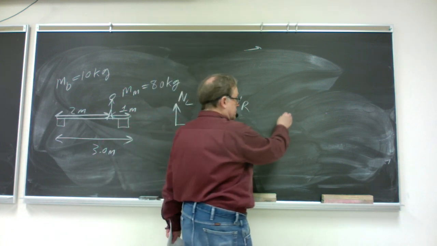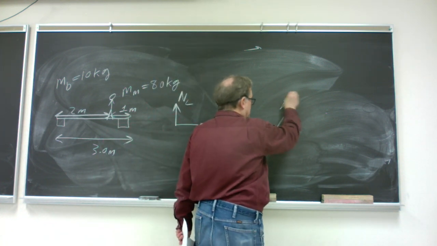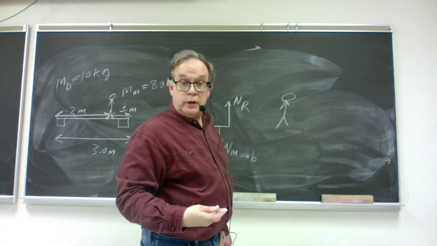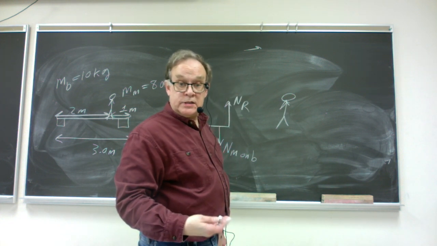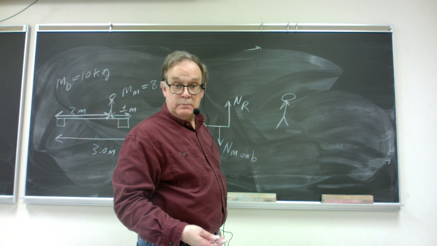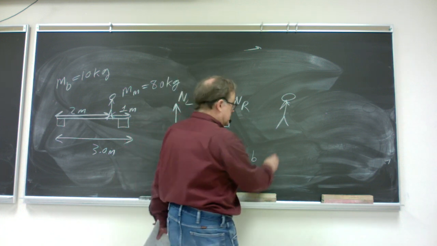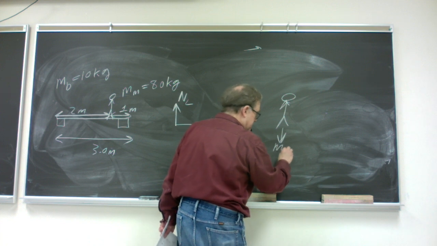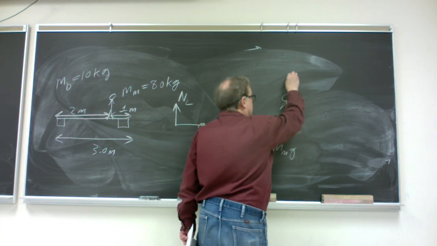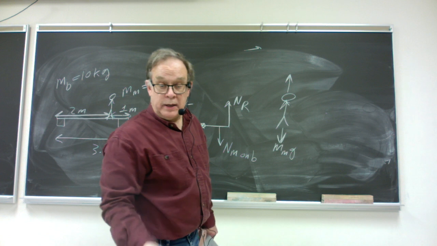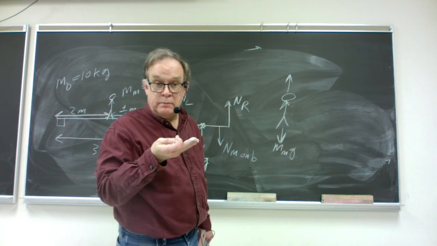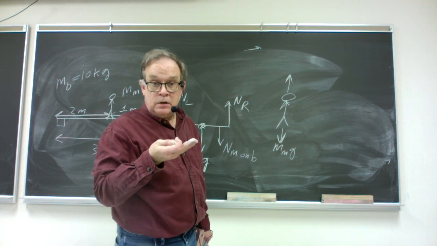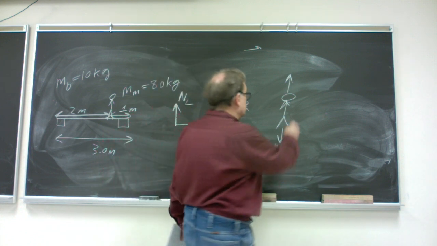Just to think about that for a minute. Here I am, I'm in equilibrium. I'm just sitting still. My acceleration is 0, so the net force on me is 0. Because the two forces on me are my weight, which is mass of me times g, and then the board is applying an upward normal force supporting me, a normal force from the board on me.